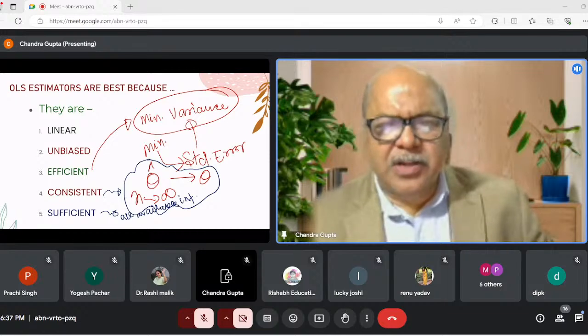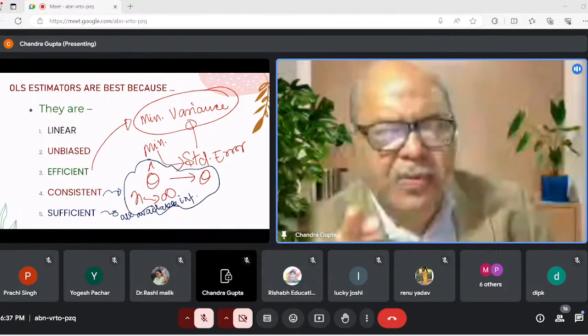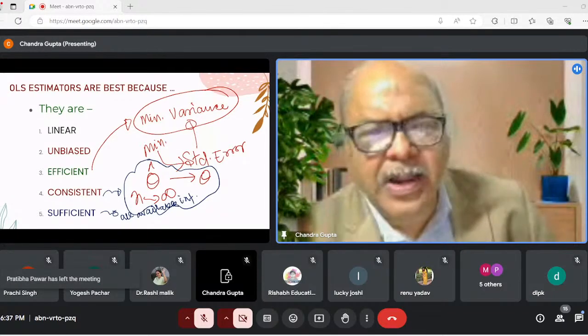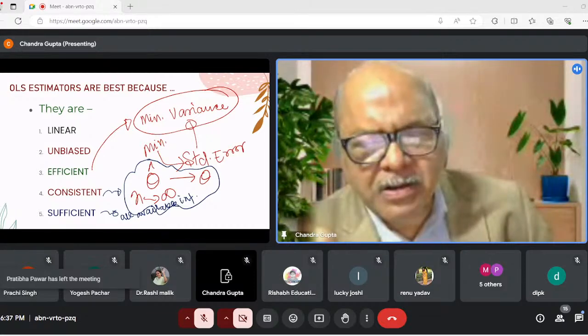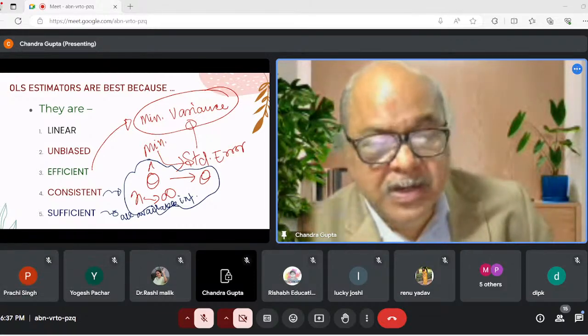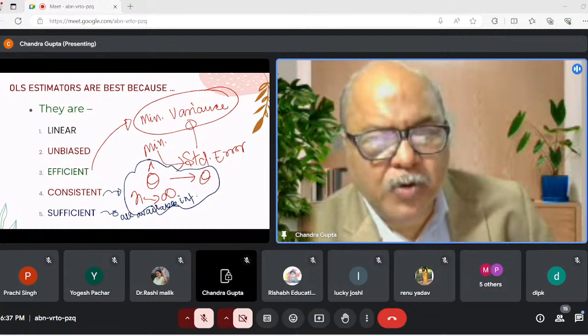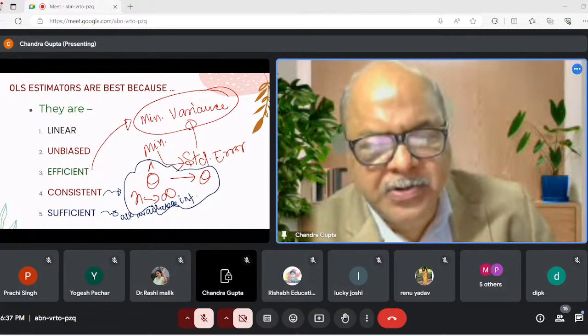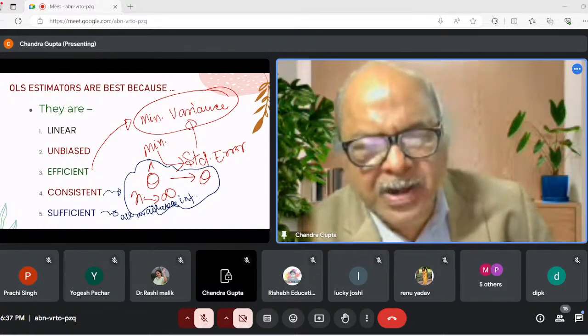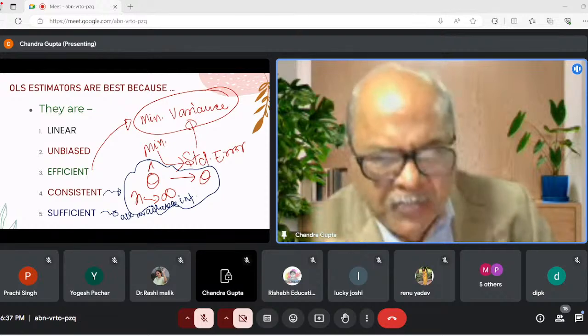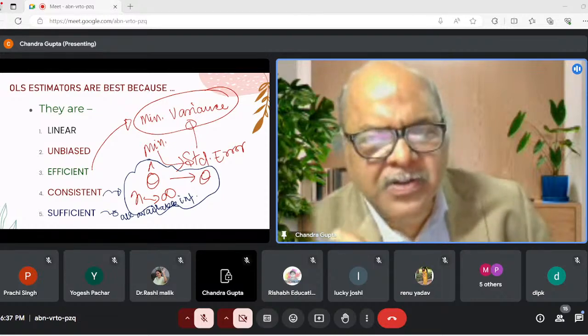That means my estimator makes use of all available information, not ignoring any. For example, when I calculate median or mode, some information I may not consider. But when I calculate mean, I take all available information. So I will say my mean is a sufficient estimator.